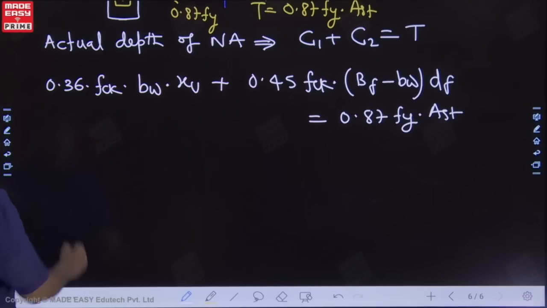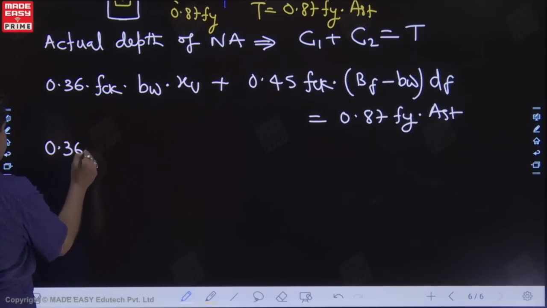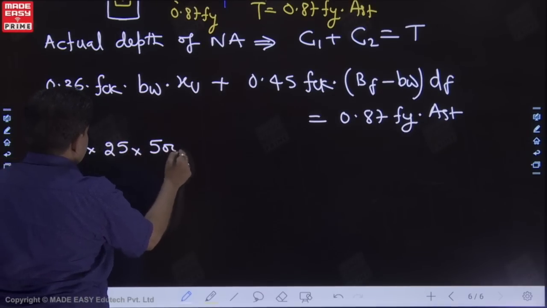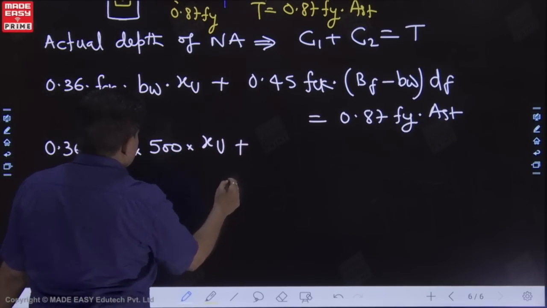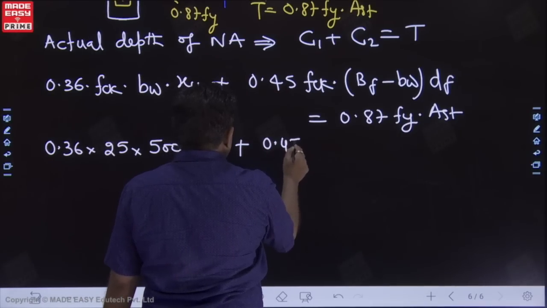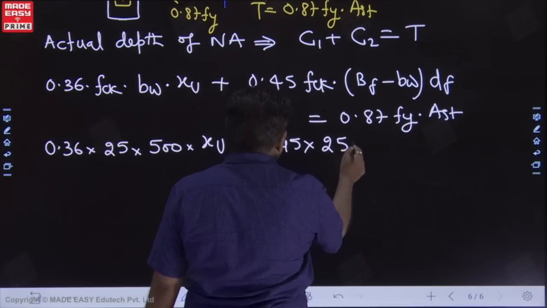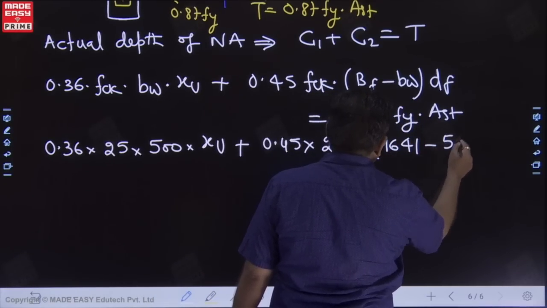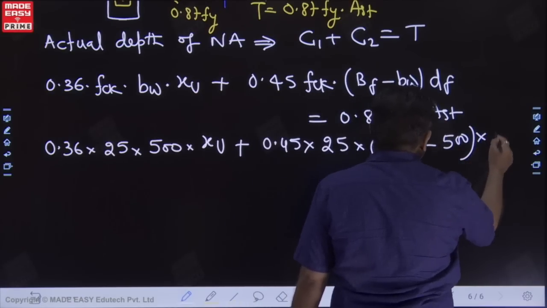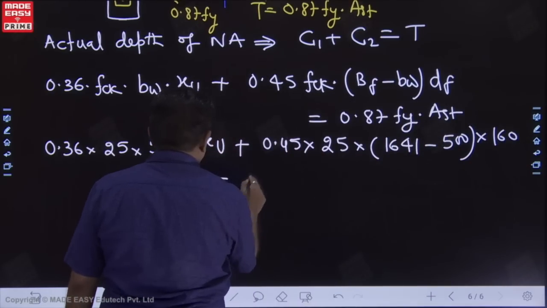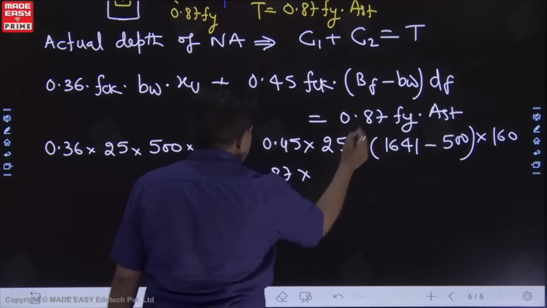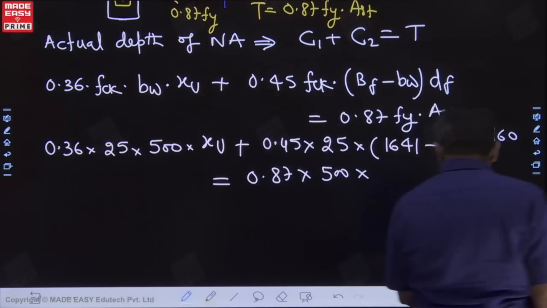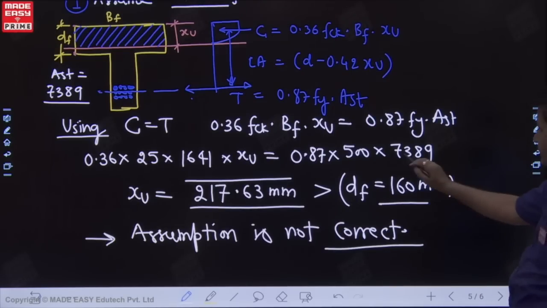Okay, put all the figures here. So 0.36 into fck is 25 into bw is 500 into xu plus 0.45 into fck is 25 into bf we have calculated 1641 minus bw is 500 into Df is 160. This is equal to 0.87 into 500 into what was the area of steel we have used in this, 7389.